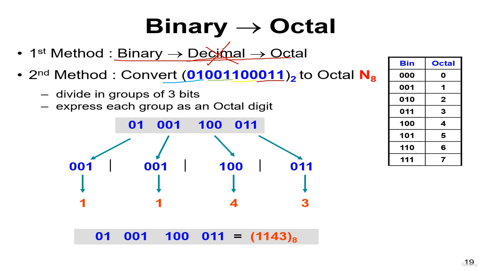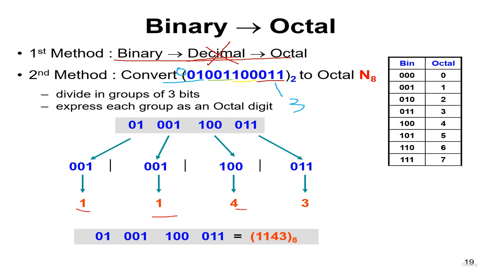Since this group is not complete, I can always place a 0 to the left of it. Now 0 1 1 is equivalent to 3. So this is how the conversion is performed. 0 1 1 is equivalent to 3, 1 0 0 is equivalent to 4, 0 0 1 is equivalent to 1, and 0 0 1 is the one where I substituted a 0 to the left in order to make it a group of 3.